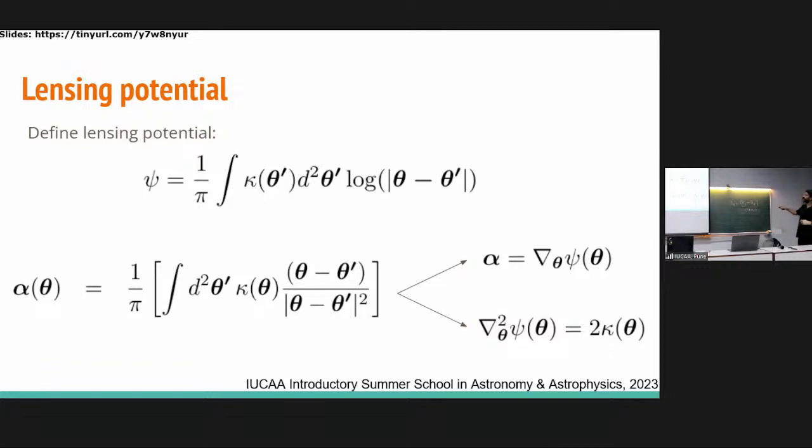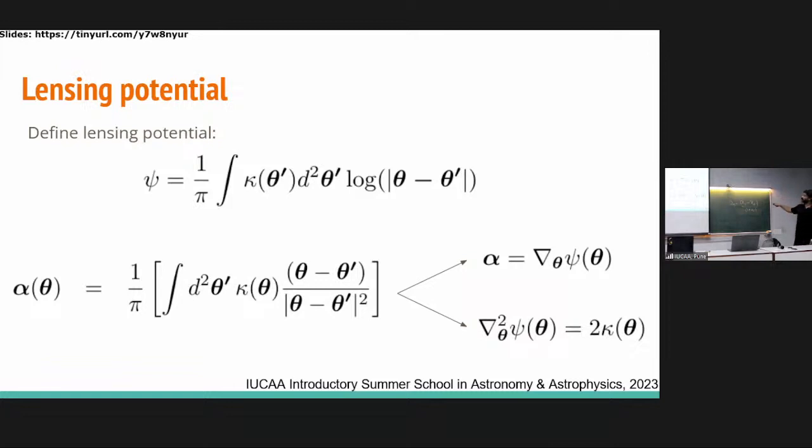You define a lensing potential like this, where psi is 1 over pi, and again the same kind of integral, kappa of theta prime d2 theta prime, but instead of theta minus theta prime divided by mod theta minus theta prime squared, you define something like a natural log of this quantity. Now this is a scalar equation, right? Because you're doing all this integral, you get a scalar out of it.